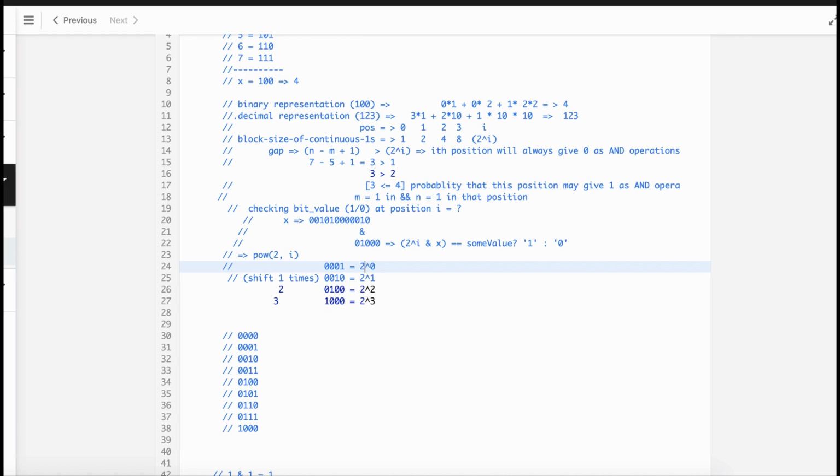By default, if we put it like this, we have 0 times shift. So if we do 0 times shift, we will have the same value.